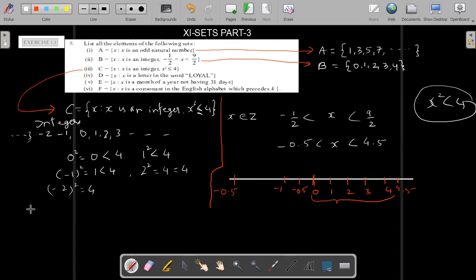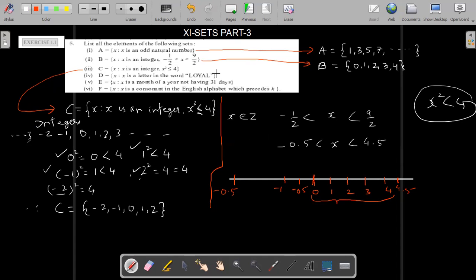So therefore, our answer is the set of integers minus 2, minus 1, 0, 1, and 2. Okay, got it?